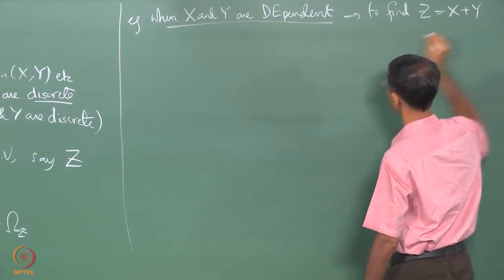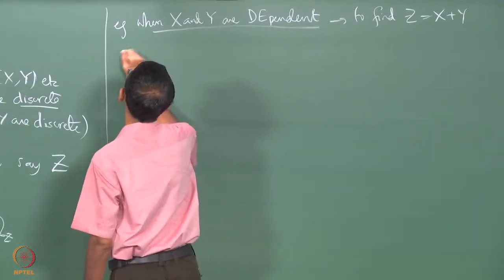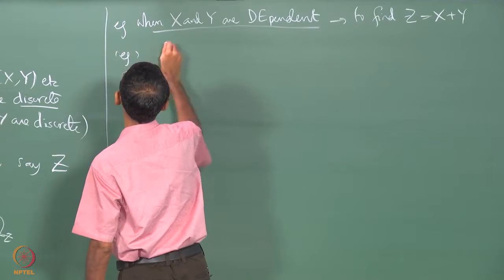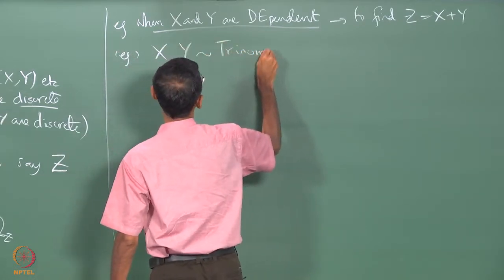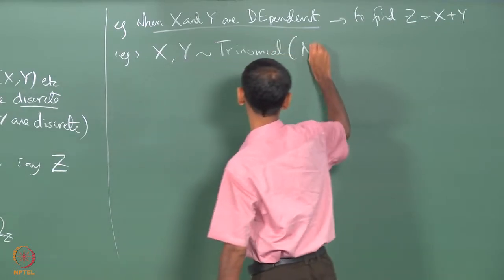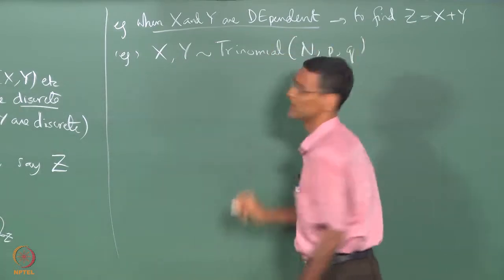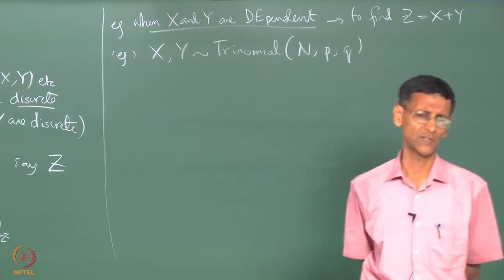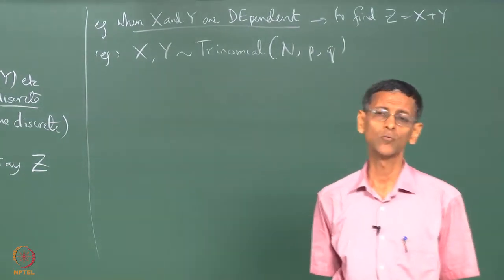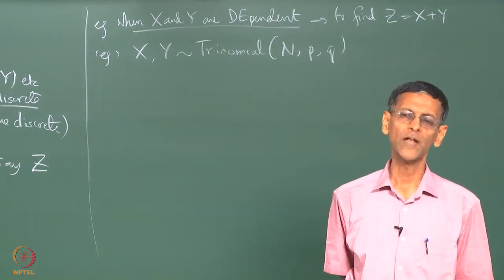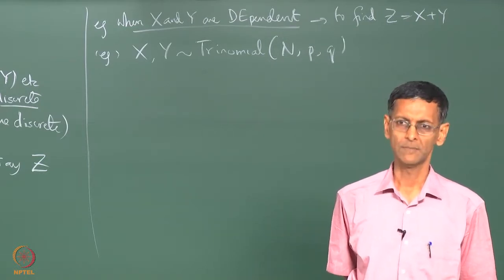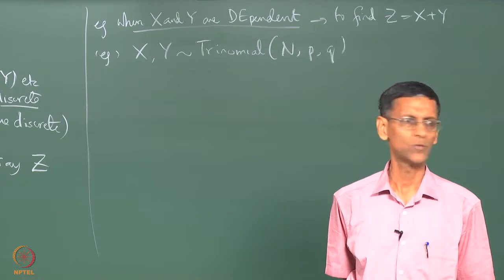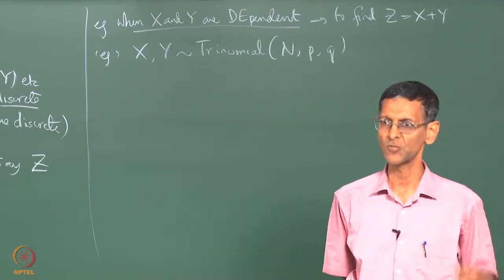And the simplest example would be x and y jointly trinomial with parameters capital N, P, Q. I think the notation is fairly obvious. P is the probability of the event count for x, and Q is the probability of the event count for y, exactly like we have done earlier. There is no change in notation. Capital N is what we used earlier.